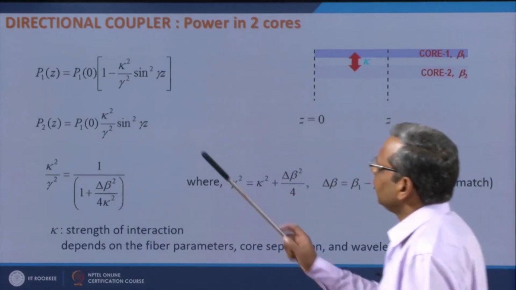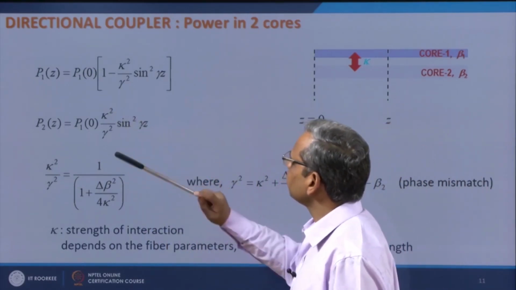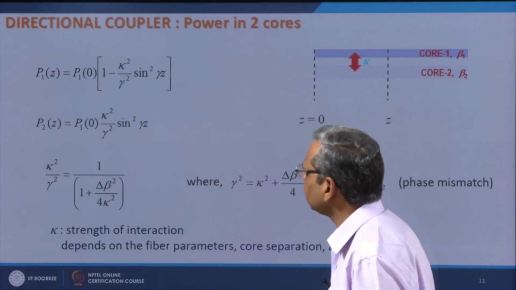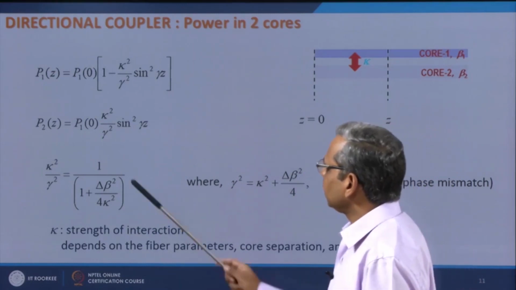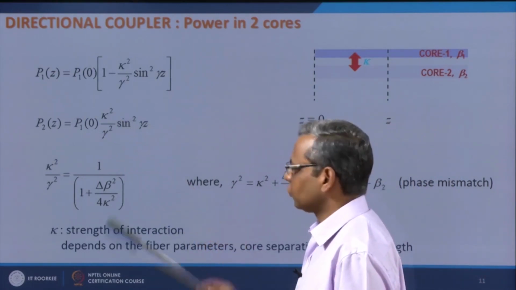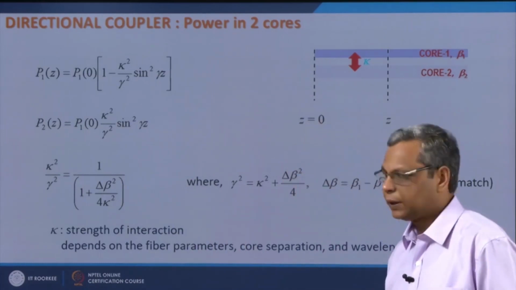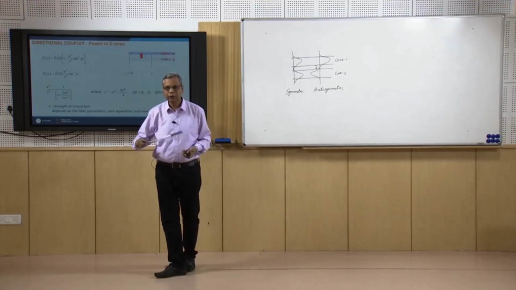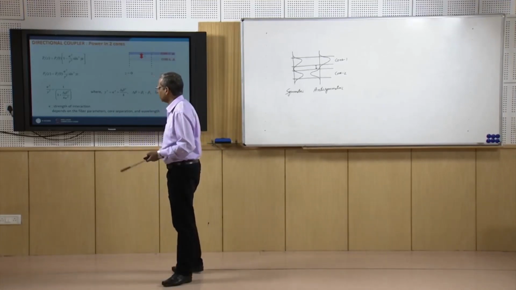So, we have P1(z) equal to P1(0) times 1 minus kappa square over gamma square sine square gamma z, and P2(z) is P1(0) kappa square over gamma square sine square gamma z. This can be obtained by using what is known as coupled mode theory. We are not going into the details of that here in this course.